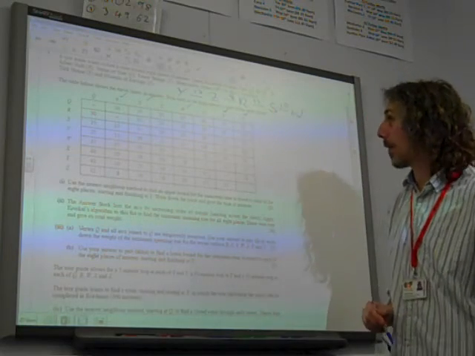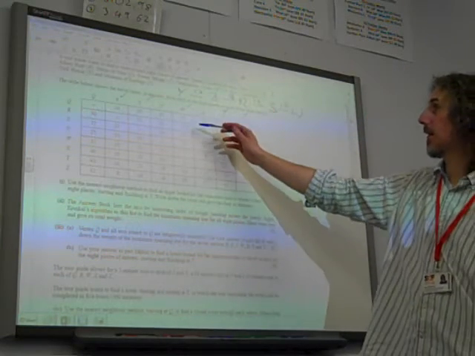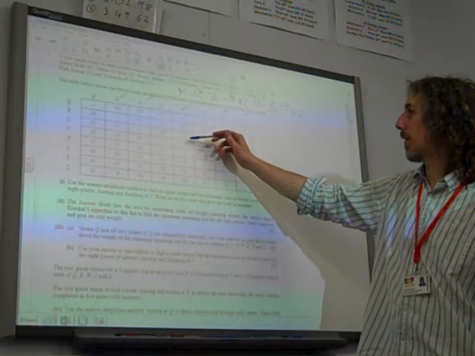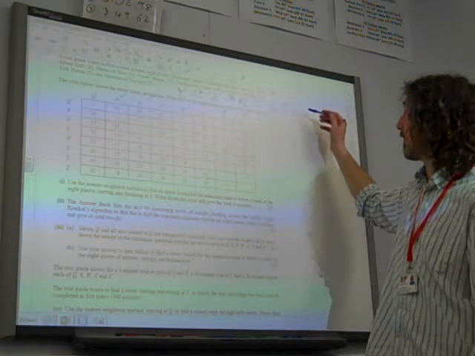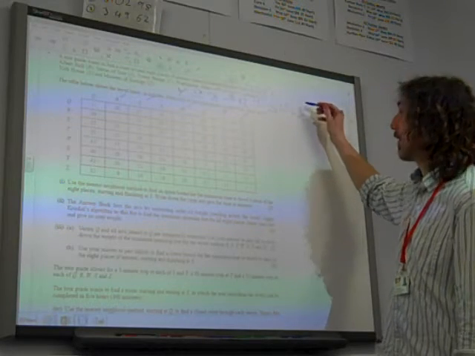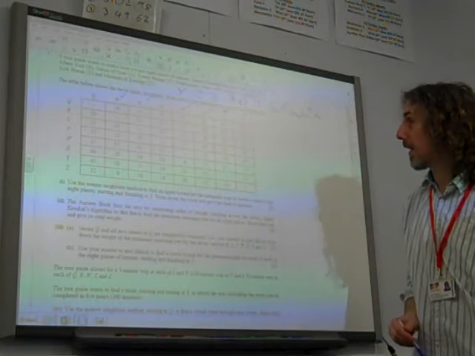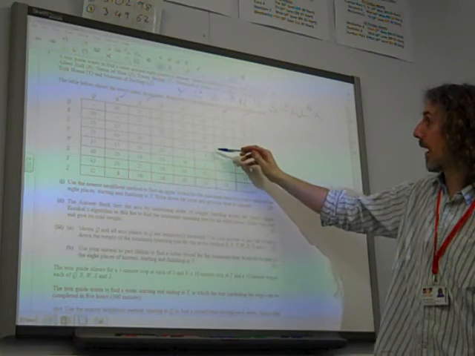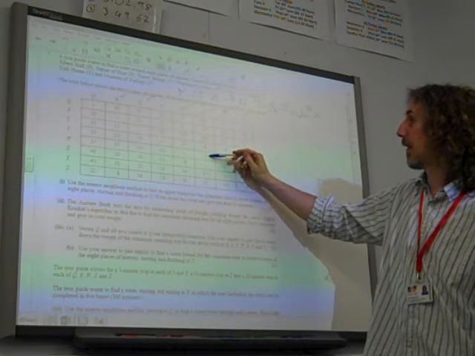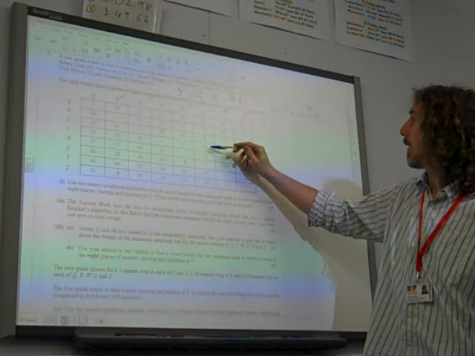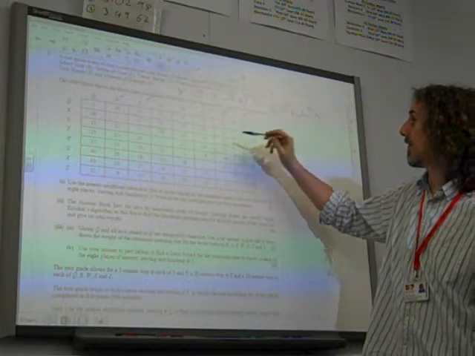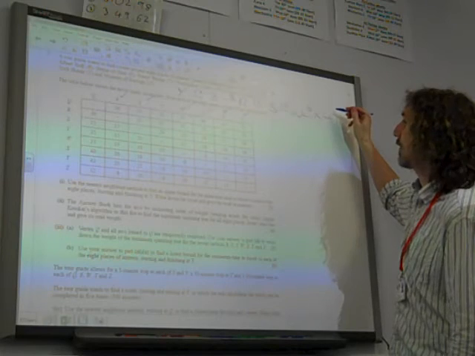From W, the nearest neighbour is, we've been to R, T, X. We've not been to X yet, a distance of 8. From X, the smallest value on there, well, we've been to W, we've been to Y, we haven't been to T, so it's T, a distance of 16.